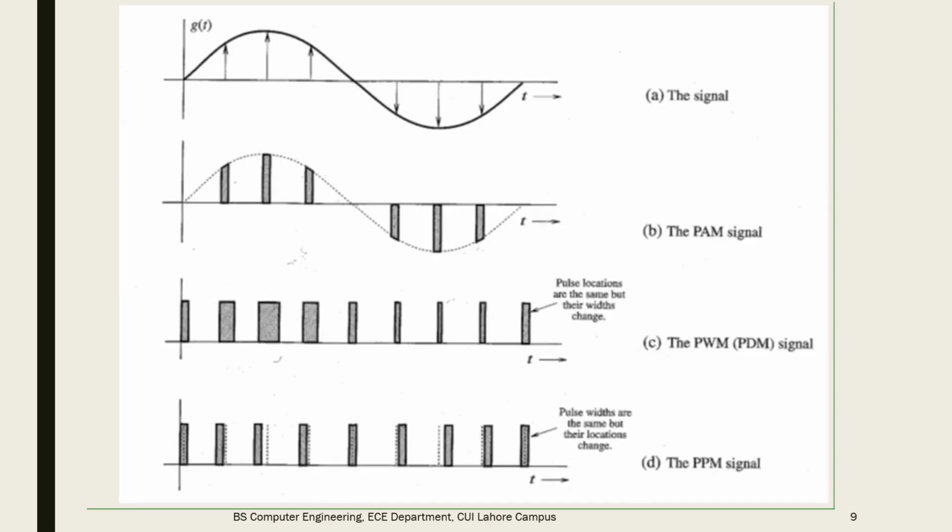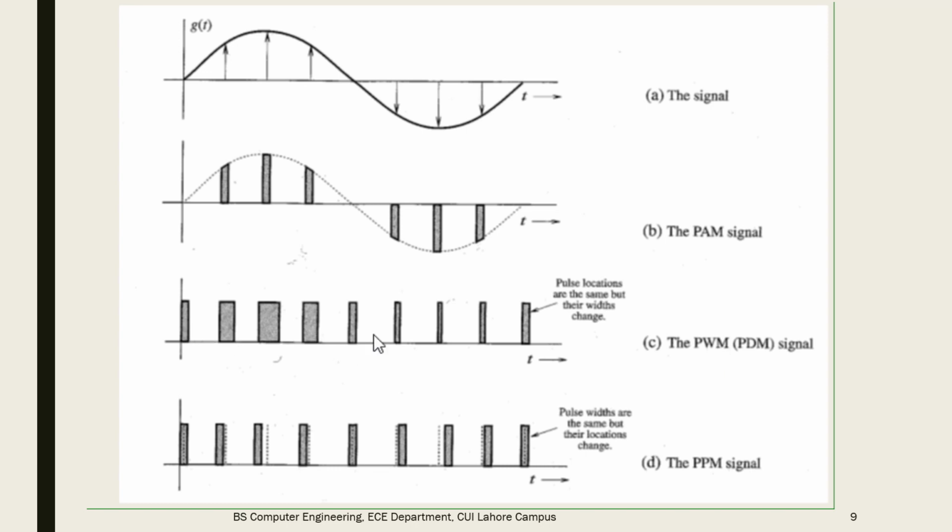This slide is summarizing the types of pulse modulation which we have studied so far. If we assume that g(t) is our signal, which is sinusoidal in nature, and these arrows are showing the sampling instants, then in case of pulse amplitude modulation, our signal will take a form like this. Here all pulses have different amplitudes, but their width is the same. The other type is pulse width modulation.